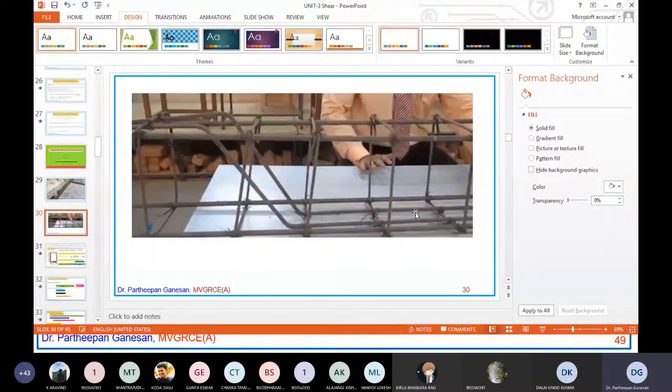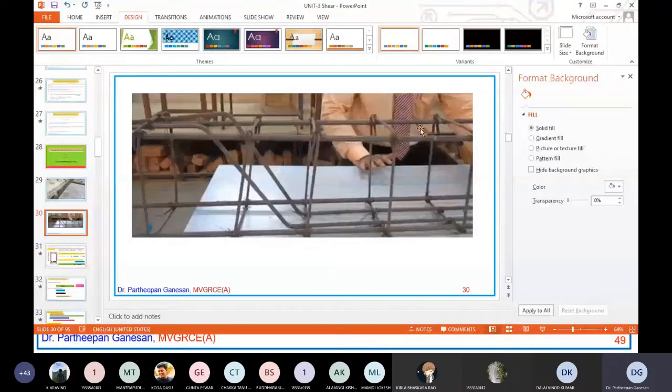Out of 4, the middle 2 are bent up near the support. So at this section, at the bottom there are 4 reinforcements. When you come towards the support, you have only 2 tensile reinforcement, isn't it? Out of 4, because 2 are bent at 45 degree or more and taken to the top.